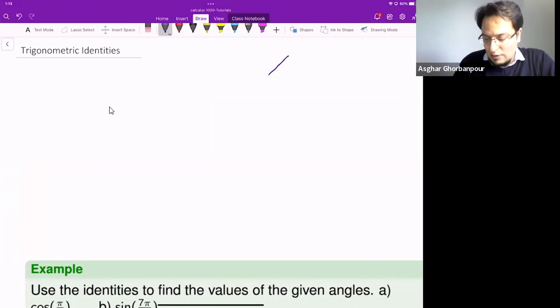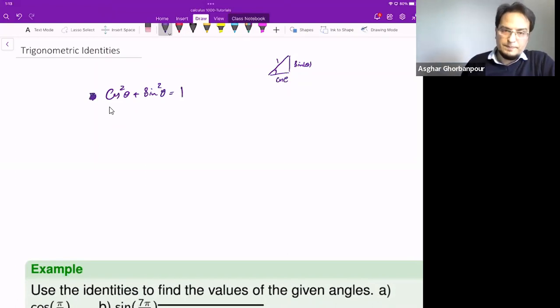It says that if you're working with the unit circle, with cosine here, sine here, then cosine squared plus sine squared is equal to 1 squared. That's the first thing that you have to know.